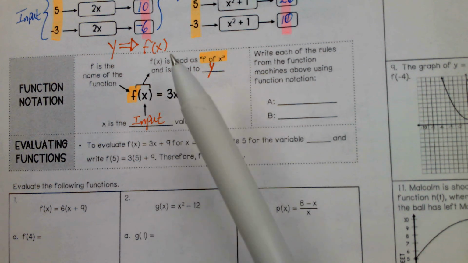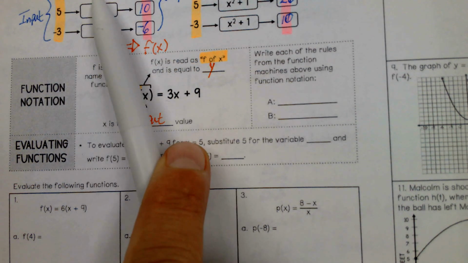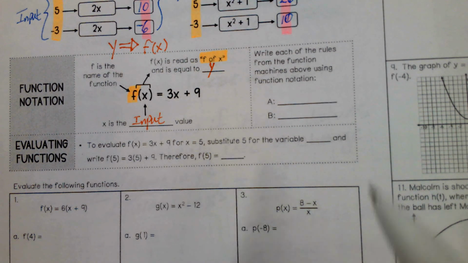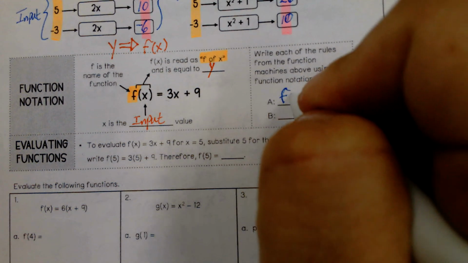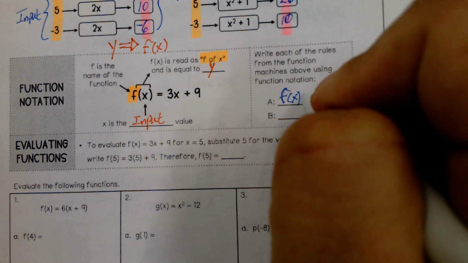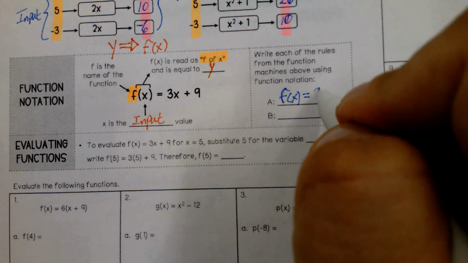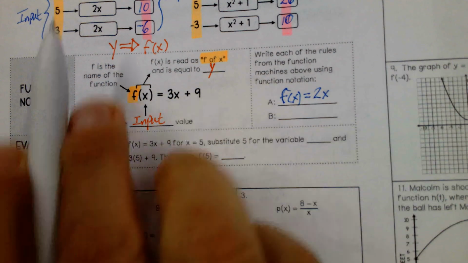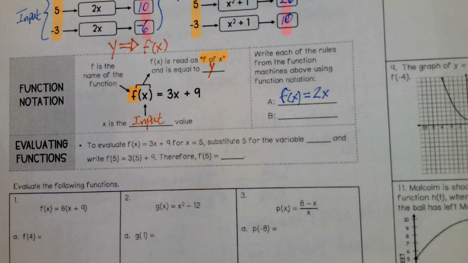So I need you focused here. Let's take this rule and write it as a function. This is how you would write it. You would start f of x equals, and then whatever the rule is. So this would be the rule. F of x equals 2 times x. Okay?